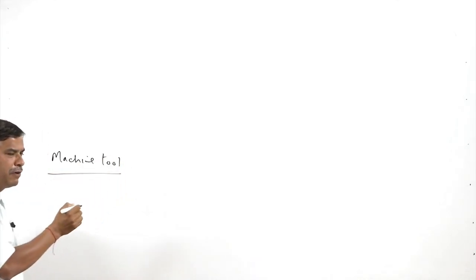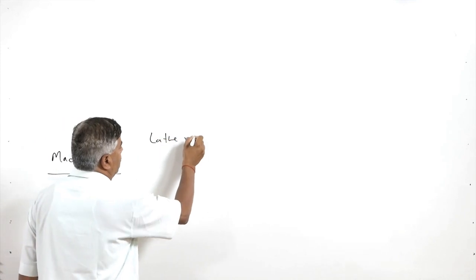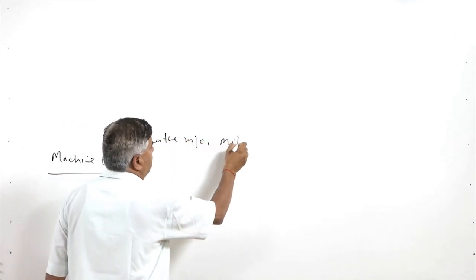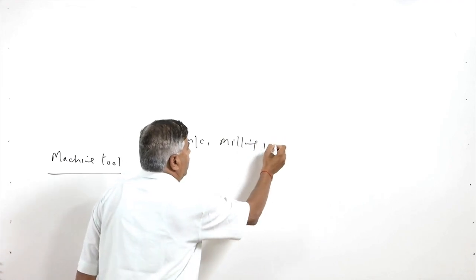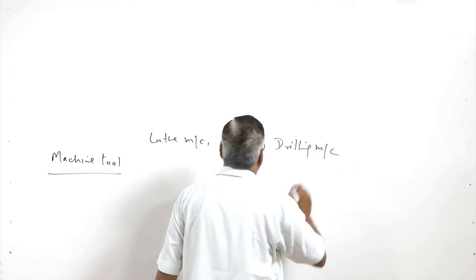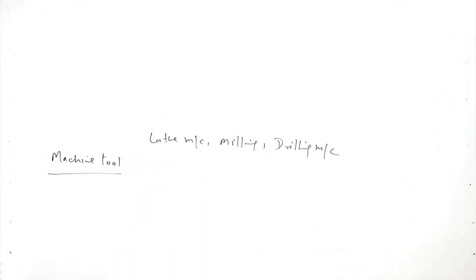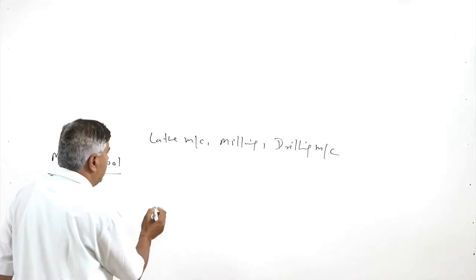A machine tool may be in the form of a lathe machine or a milling machine or a drilling machine. These are the various kinds of machines used for conventional machining, and they play a very specific role.